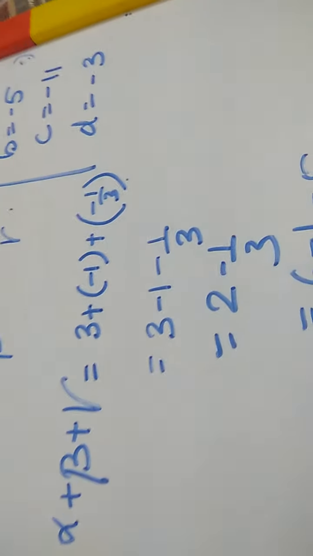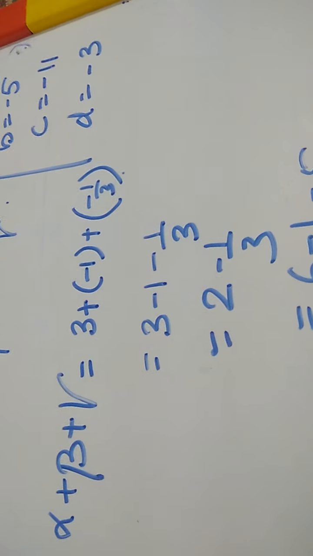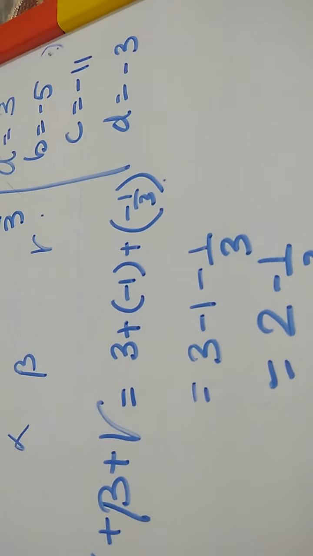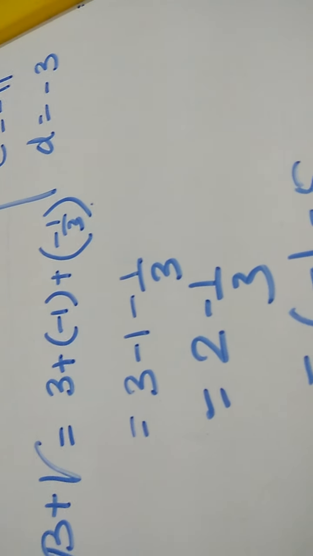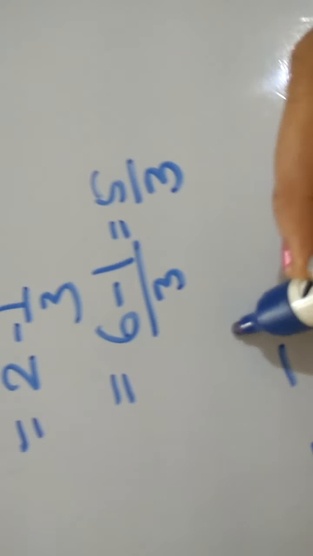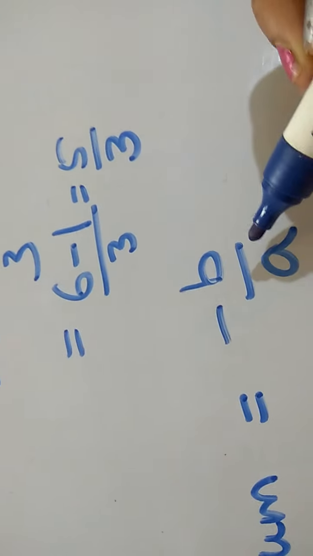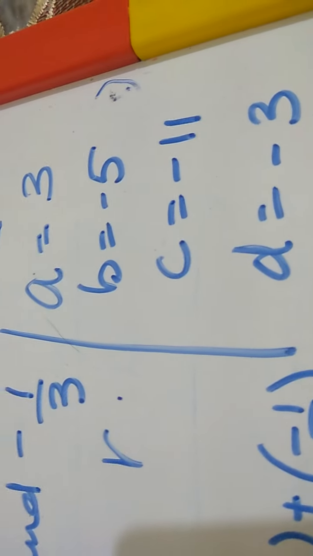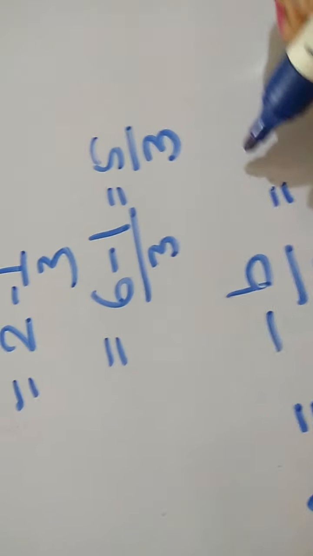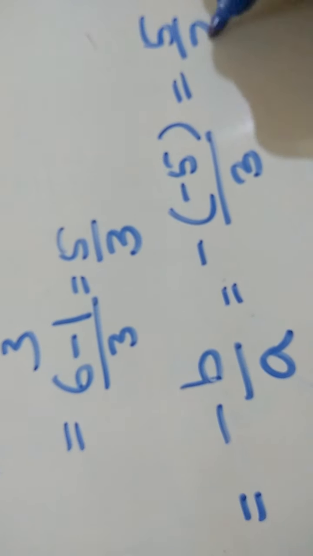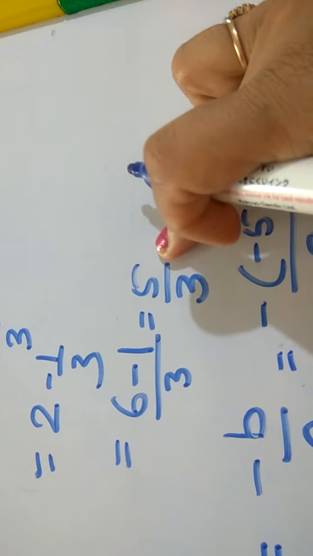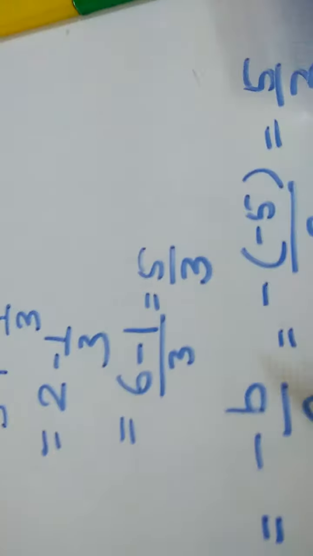And from the coefficients, the sum of the zeros should be equal to minus b upon a. Let us see the value of minus b and a. B is minus 5 and a is 3. So I will take minus of minus 5 upon 3, which is equal to 5 upon 3. Thus we see that the relationship between zeros and coefficients is established for the sum.